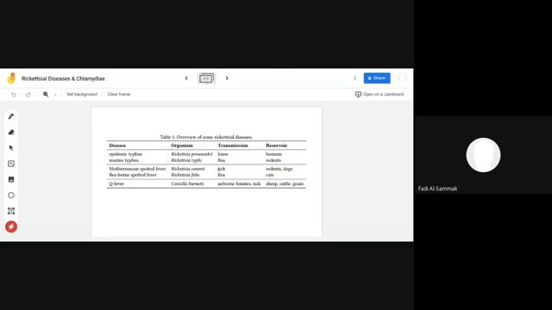So the reservoir here is cats, and it is transmitted by fleas. On the other hand, we have Q fever, which stands alone as a separate group because it is a bit different. It is airborne or through fomites. It means the transmission is by airborne route or by a vector. And they have a larger range of reservoirs: sheep, cattle, and goats. So these are the three major groups of diseases.